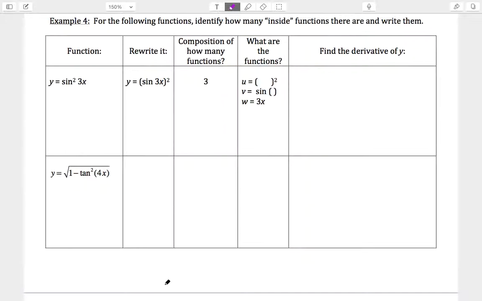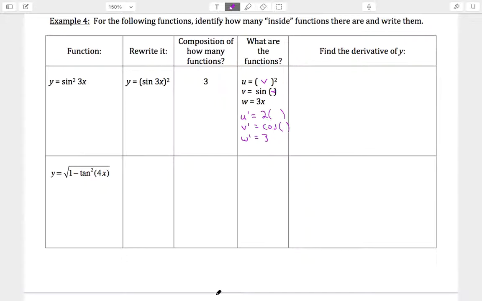Correct. So u prime is going to be 2 of something, and v prime is going to be cosine of something, and w prime is going to be 3. And u is v squared, v is sine of w.